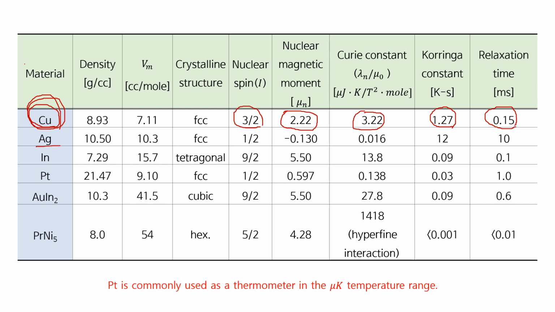And there are silver, indium, platinum, gold, indium, and PrNi5. The properties of these materials are given in this table. Platinum is commonly used as the thermometer in the microkelvin temperature range. I will mention this nuclear magnetization thermometer or Pt thermometer in the thermometer part of the lecture.